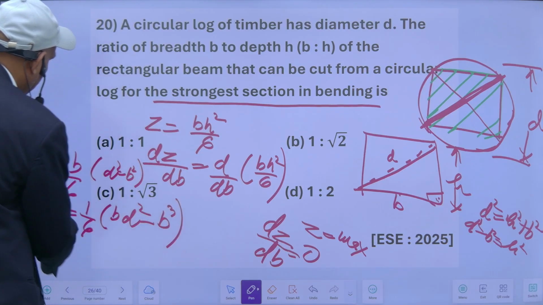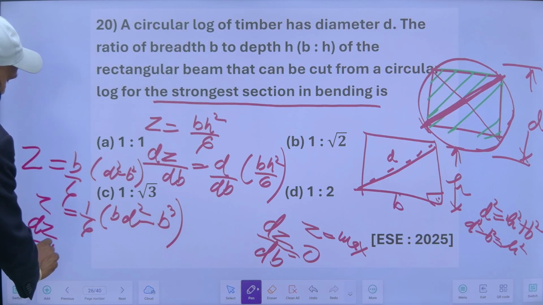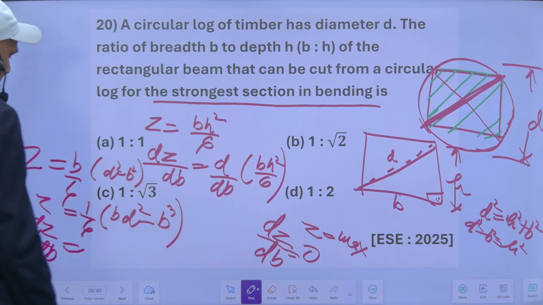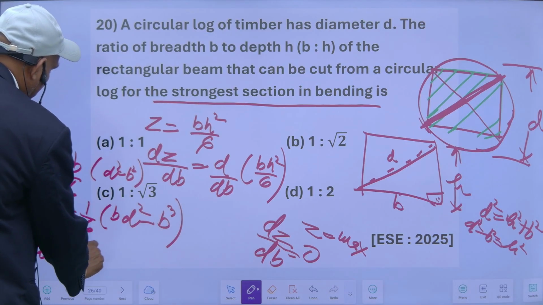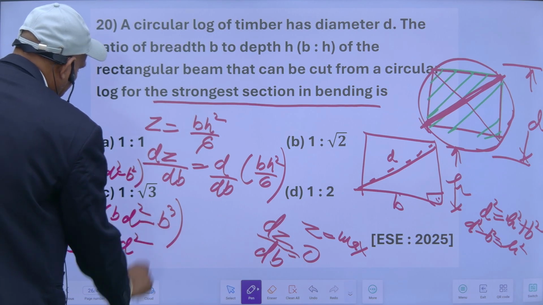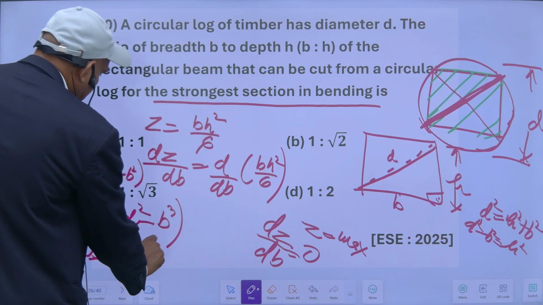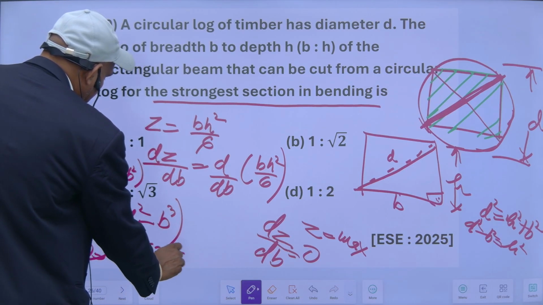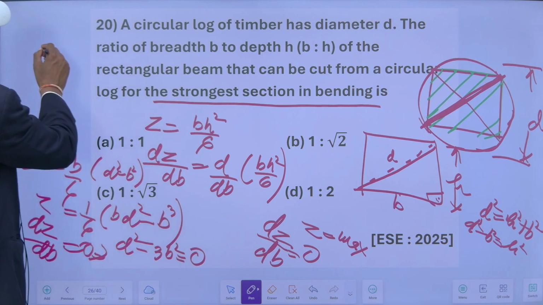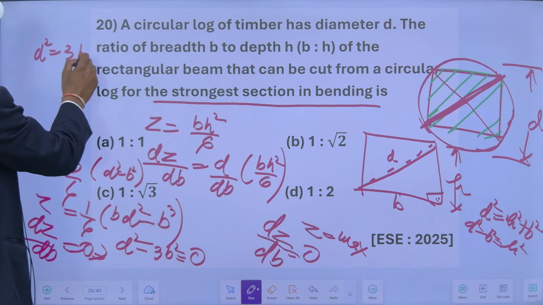This is my z, and dz upon db should be equal to 0. It means d square minus 3b square is equal to 0, means d square is equal to 3b square.